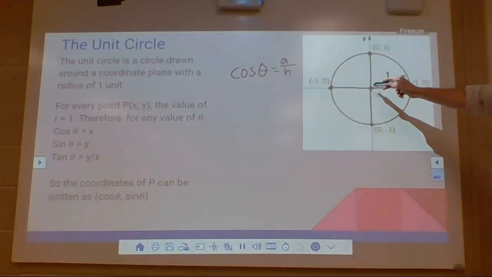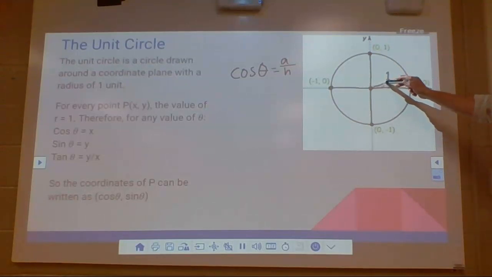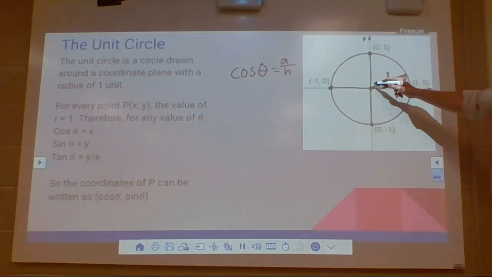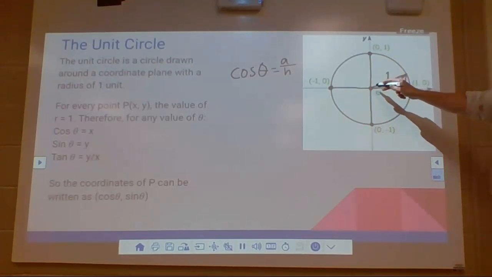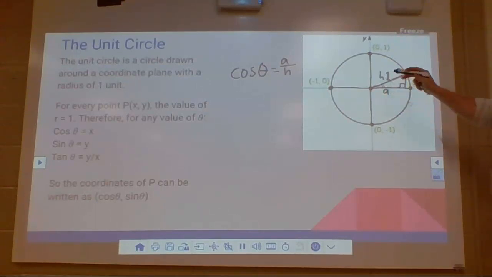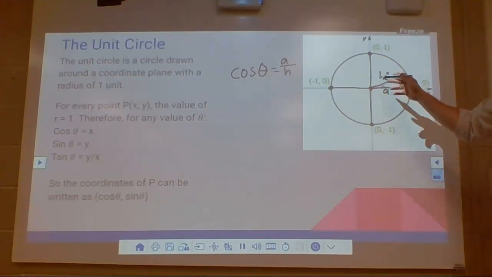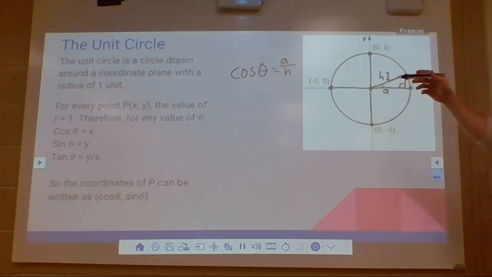Well, check this out. Let's look at this right here. Let's see how it makes a right triangle. So we've got a right triangle right here. And then here we've got theta. You can see theta right there. I've kind of covered it up with the pen there. But we got theta. So adjacent, here would be adjacent. And here's the hypotenuse. So the hypotenuse is always going to be 1, right?